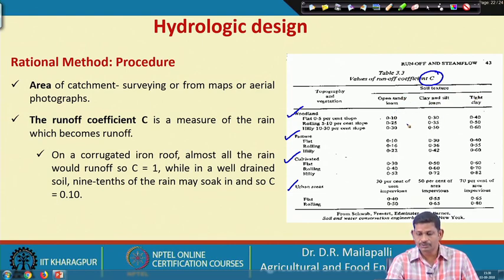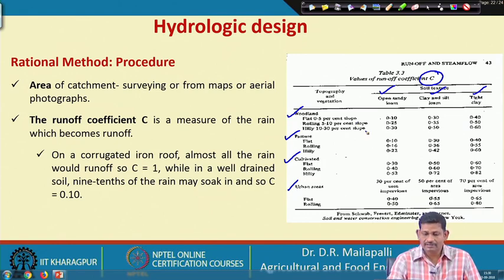Column 2 is open sandy loam, column 3 is clay and silty loam, and column 4 is tight clay. Based on the combination of a particular topography, vegetation and soil type, you can decide the runoff coefficient.